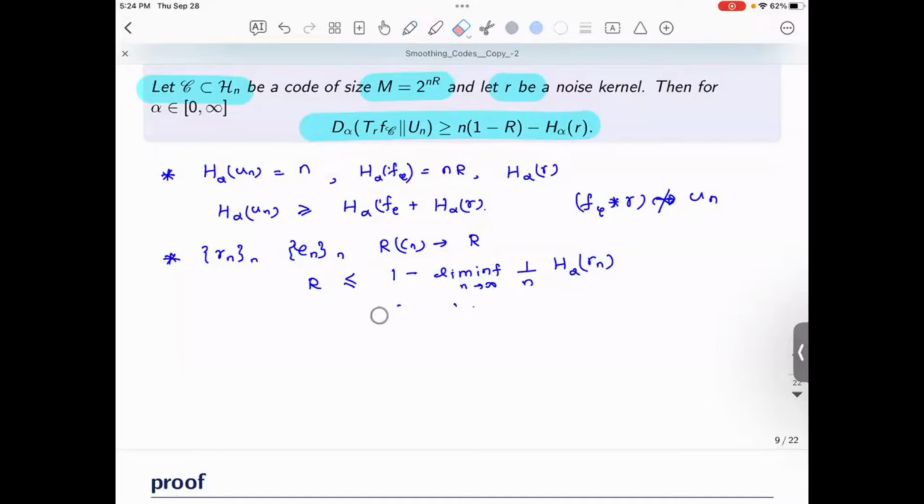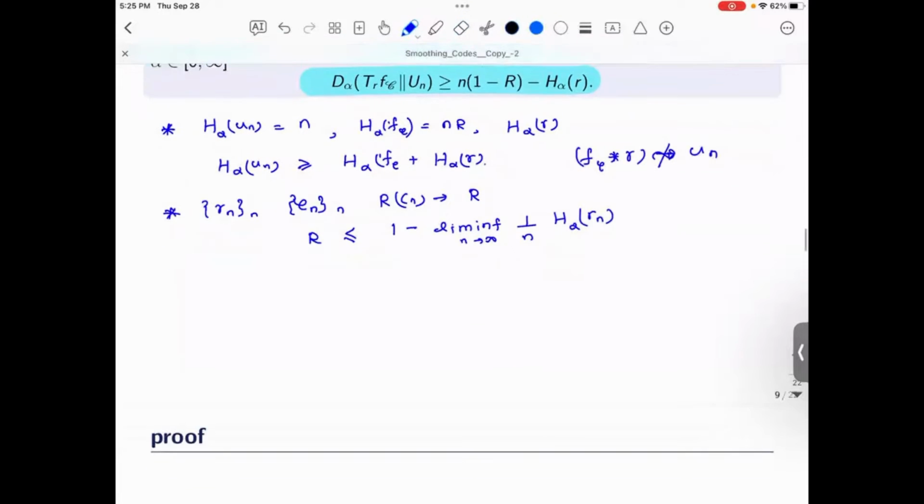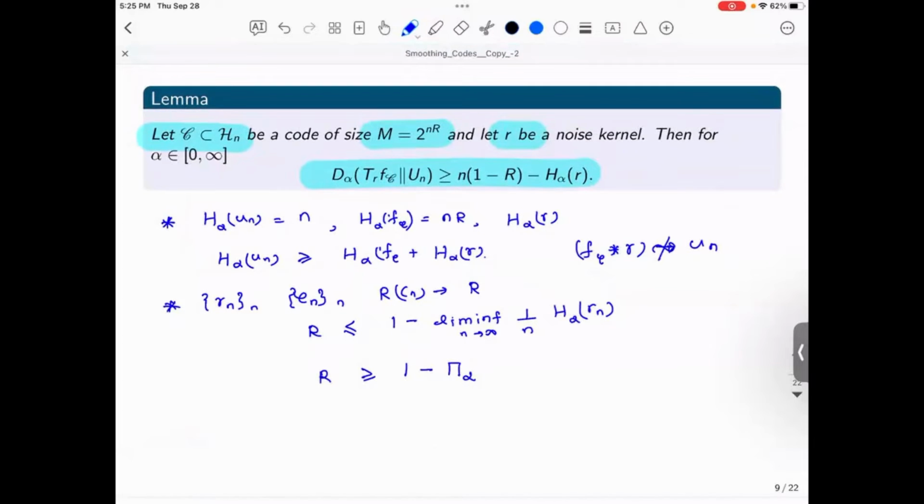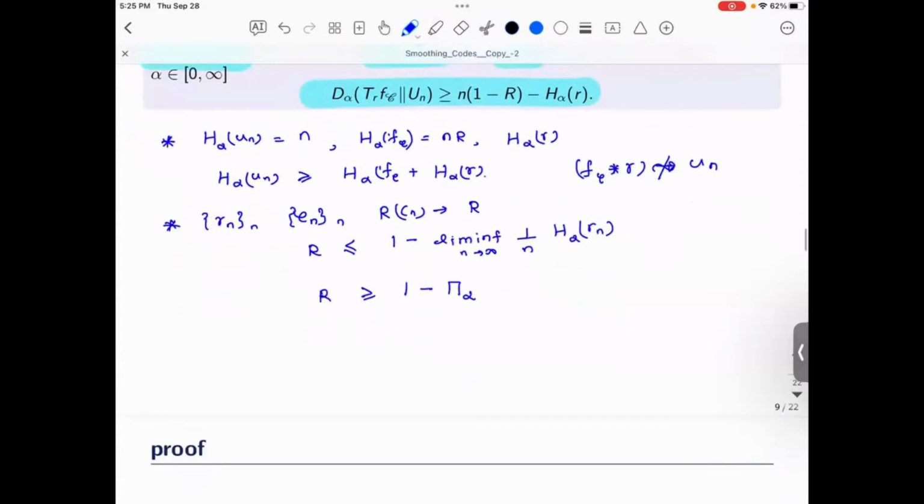So a necessary condition for perfect smoothing would be R greater than this quantity. We define it as pi alpha. So we have a lower bound even in the asymptotic case. Now this is something simple, so I'm going to prove it.